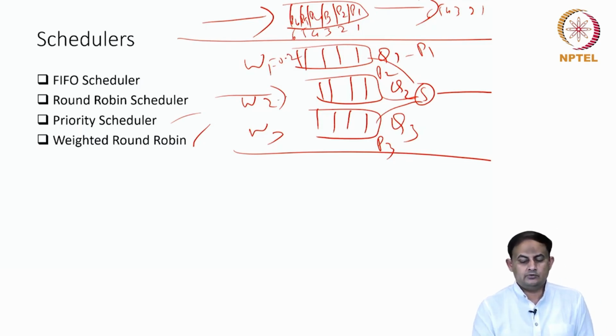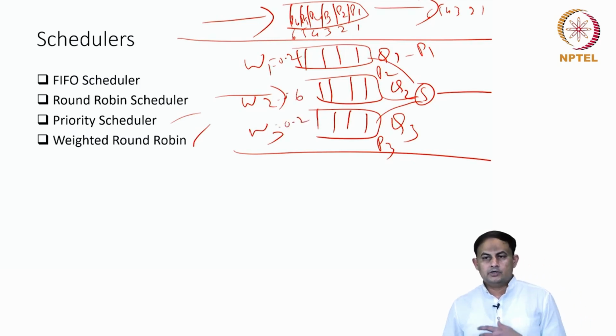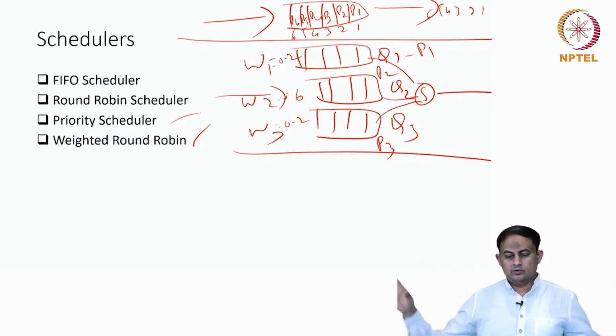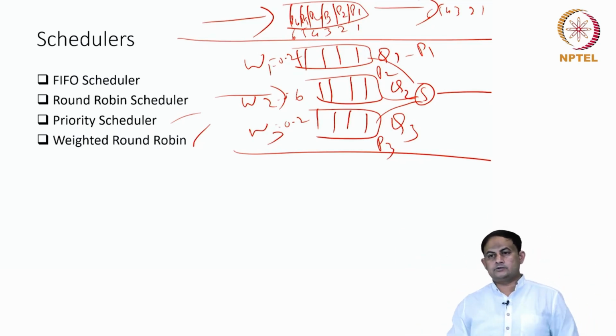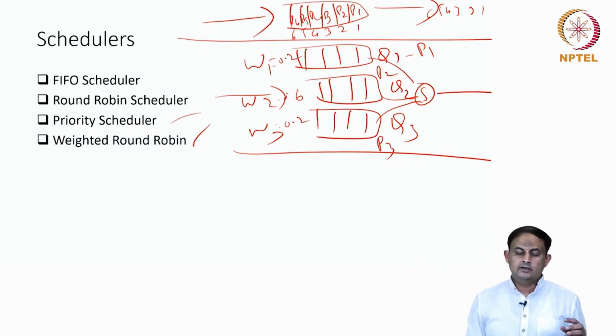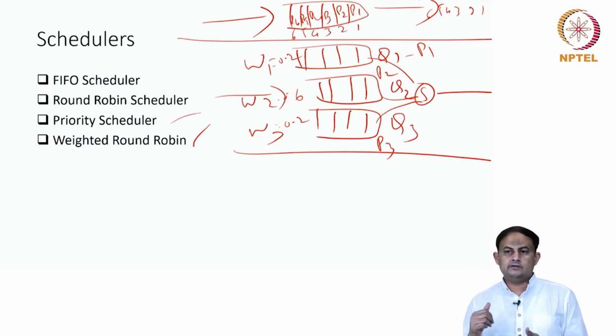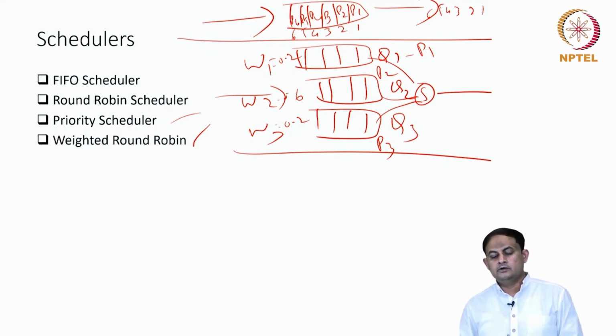W1 has got 0.2, W2 has got 0.6 and W3 has got 0.2. What it means is, if Q1, Q2, Q3 together have 10 packets to transmit, every 2 packets exiting are selected from Q1, 6 packets are selected from Q2 and another 2 packets are selected from Q3. Together you would be able to transmit 10 of them.